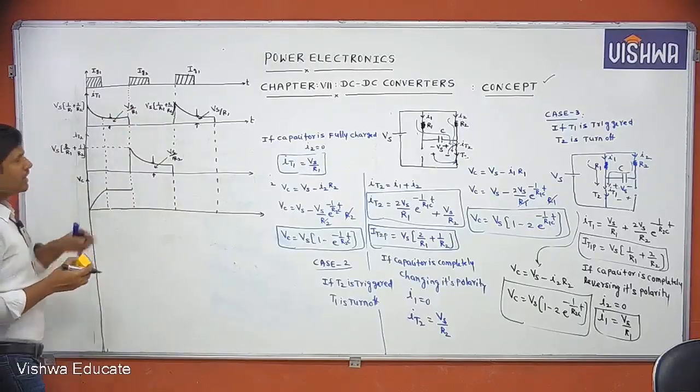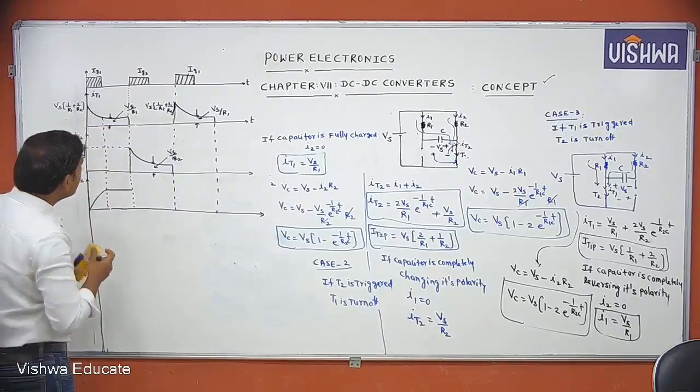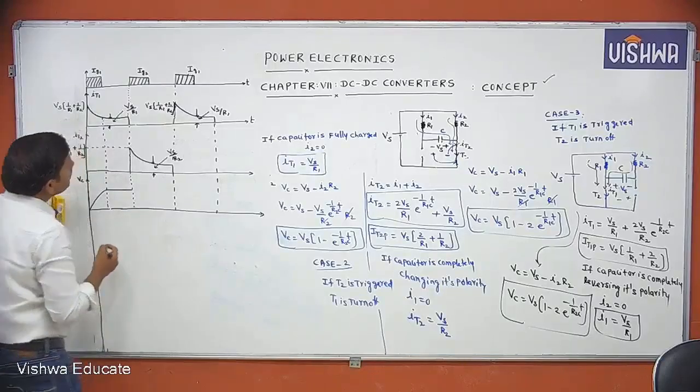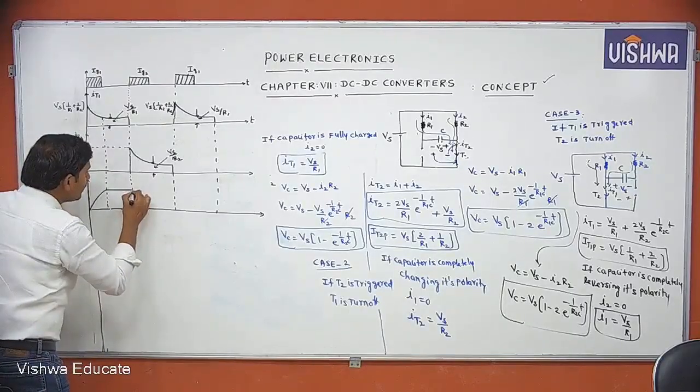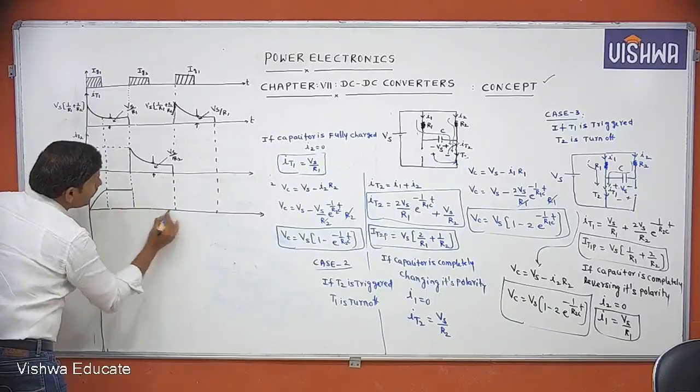It acts as an open circuit, then I2 becomes 0, only the I1 current is present. Now if T2 is triggered, what happens?